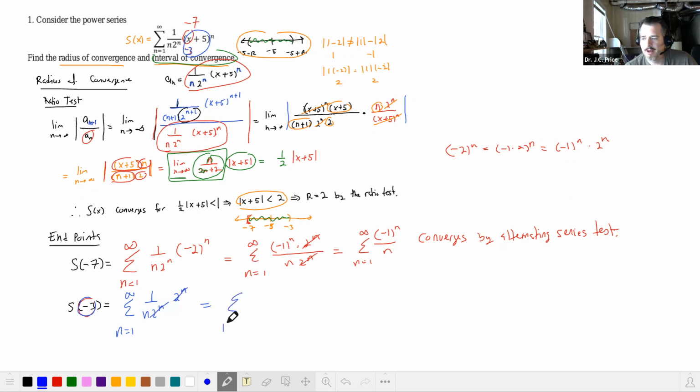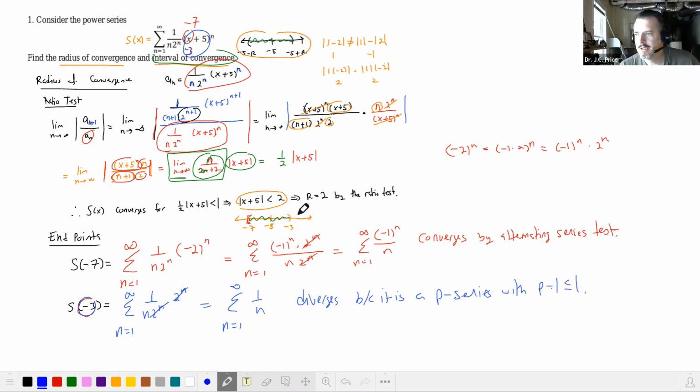And so I get the sum, n equals 1 to infinity, of 1 over n, which we know diverges because it is a p-series with p equal to 1, which of course is less than or equal to 1.